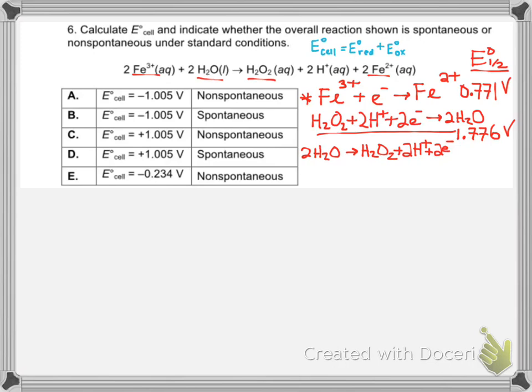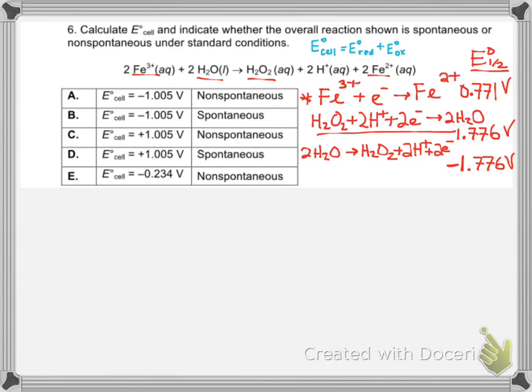Whenever we reverse a reaction, we have to take the opposite sign for our potential. So this oxidation is going to carry with it a price tag of negative 1.776 volts.